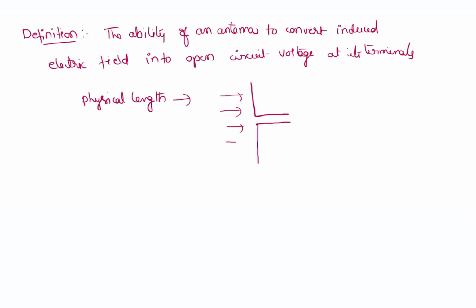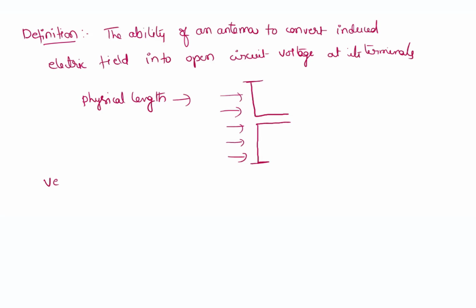The signal is coming like this, and the dipole antenna receives this signal. From this end to this end, it is the physical length. But the length over which the current is distributed is called the effective length or effective height of the antenna. Physical length and effective length are not the same. Physical length is the total length of the antenna. Effective length is the length which causes the current distribution. Means the current distribution is not over the entire length of the antenna.